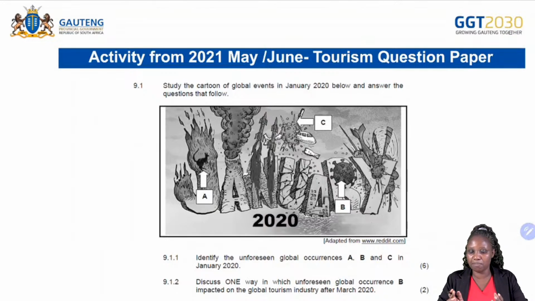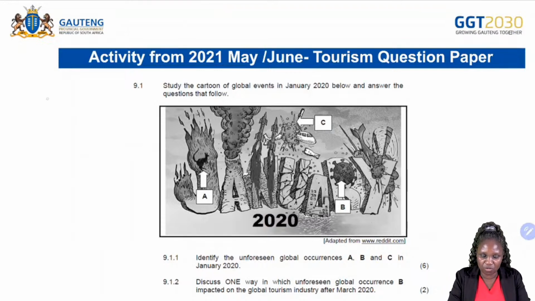And then the past exam papers that you can use for revision is from 2014 to date, that is up to 2023. You can use this past exam paper.